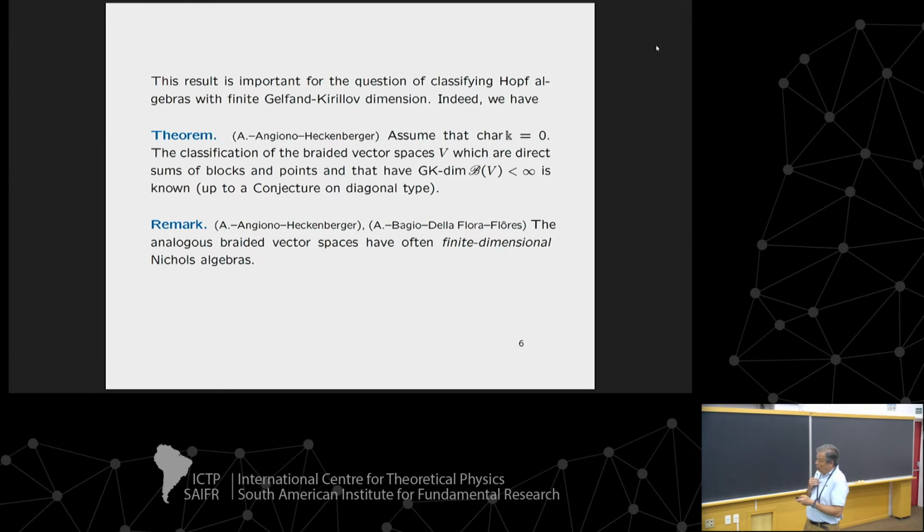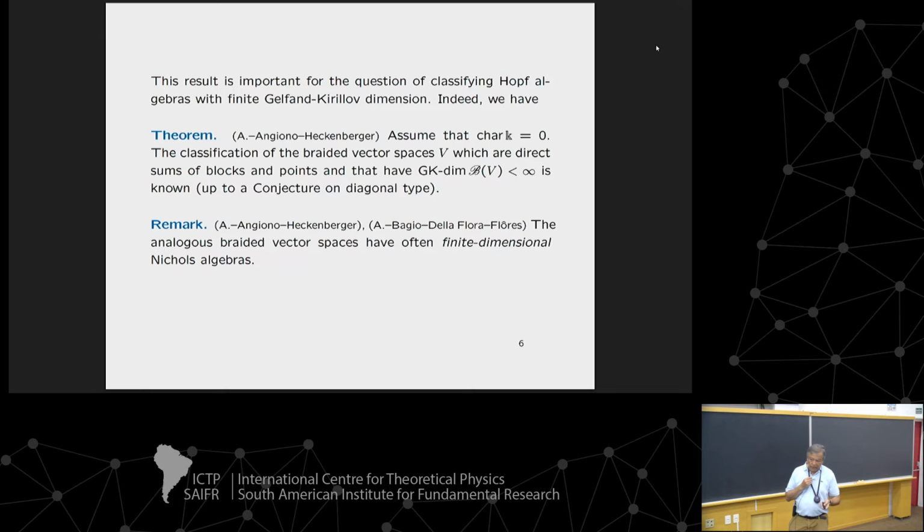And the only blocks we have to consider are those in the previous slide. And we obtained the partial classification, so very complete for one class, and for all abelian groups it's not yet finished. And we want to understand the Nichols algebras and associated Hopf algebras associated to this construction, to this classification.